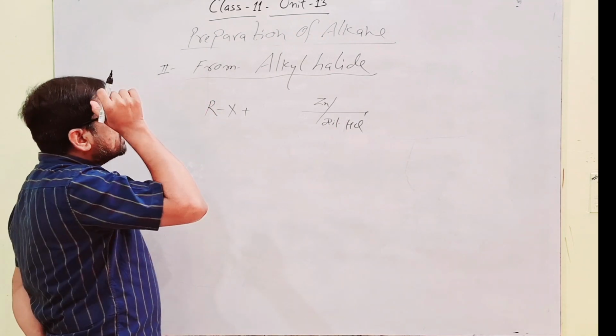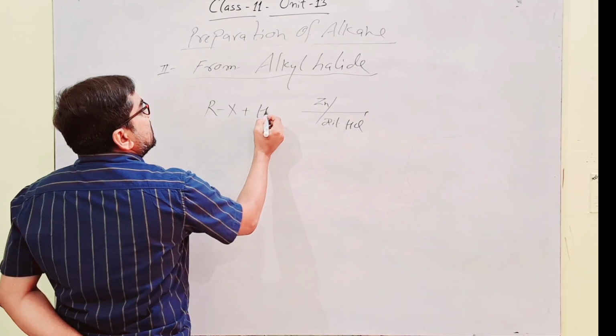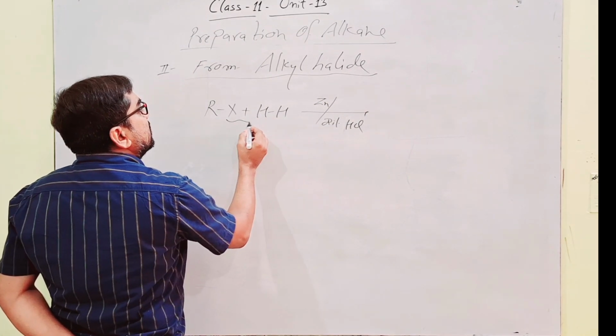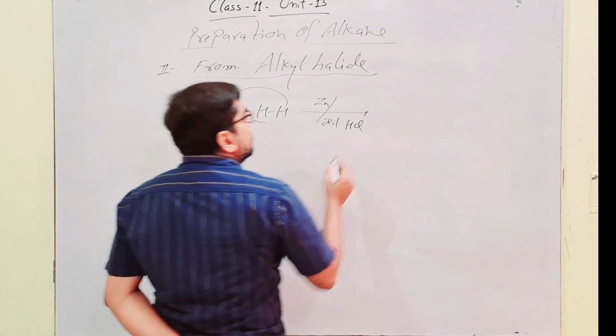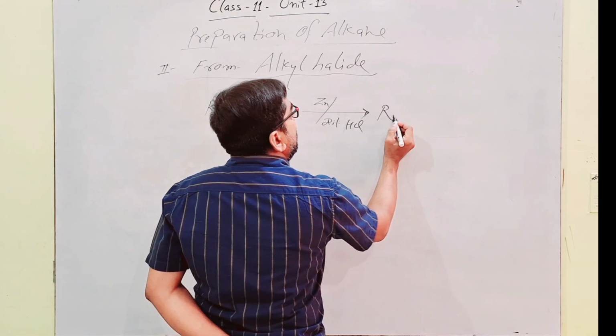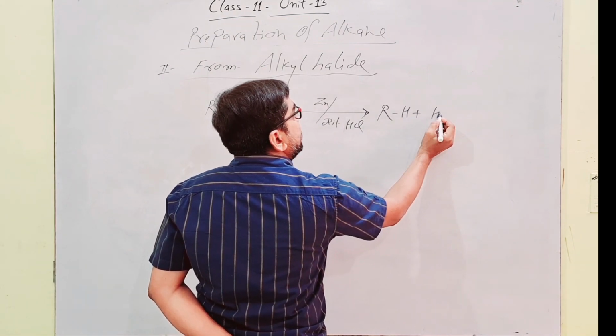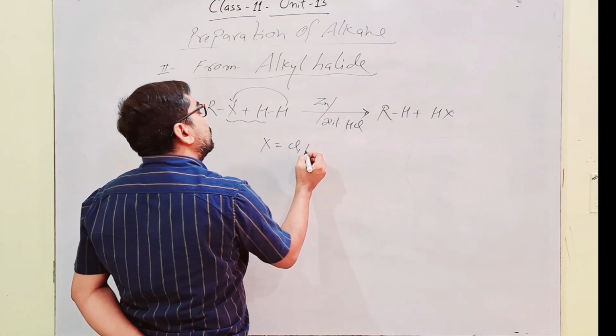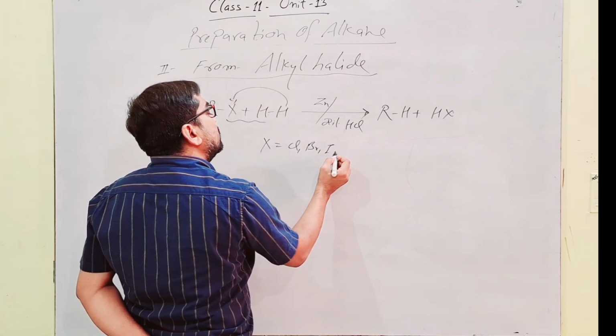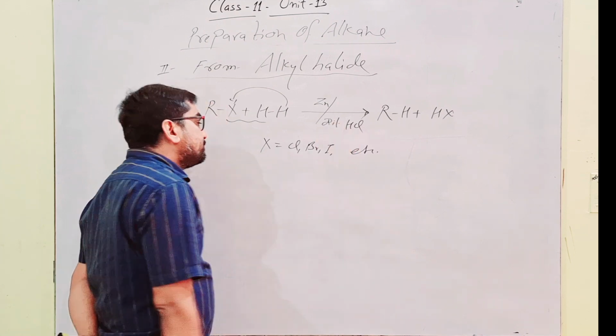Zinc with dilute HCl reduces alkyl halide into alkane. Elimination of HX, and hydrogen gets attached here, so formation of RH plus HX. X may be chlorine, bromine, iodine, etc.